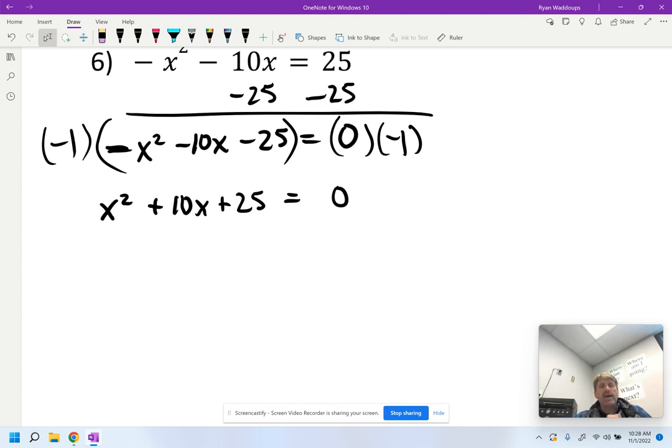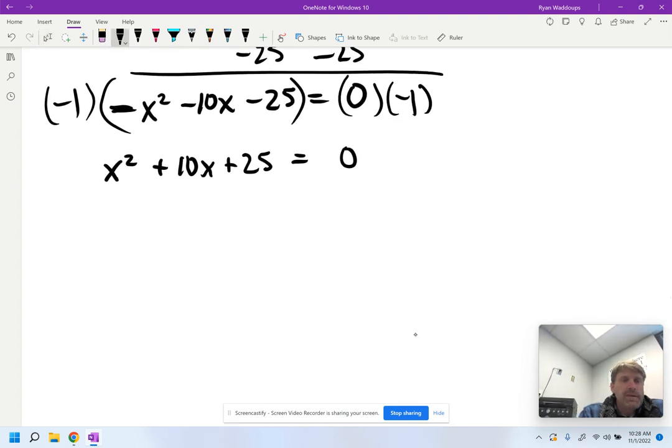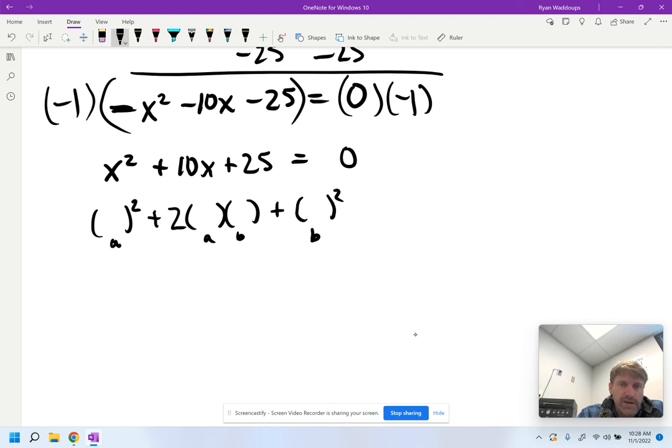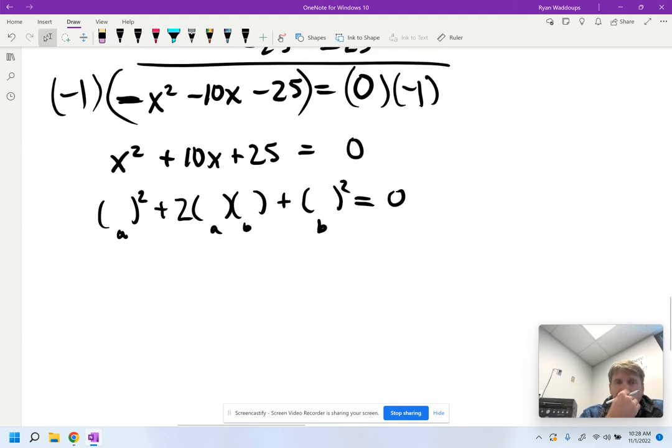I look at this and I say, hey, I think this is a candidate for a perfect square trinomial. If I've got something squared, which is kind of like our a term, plus 2 times something that's a and b, and then plus something else squared, and that's like our b, all this is equal to 0. If it fits in this pattern, then it's a perfect square trinomial, and then I can just jump straight to what my factors are.